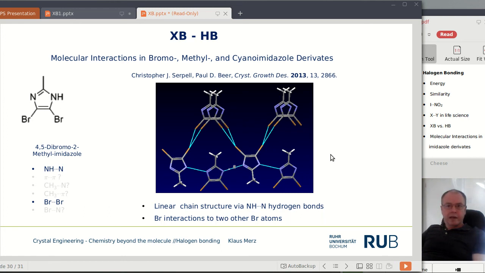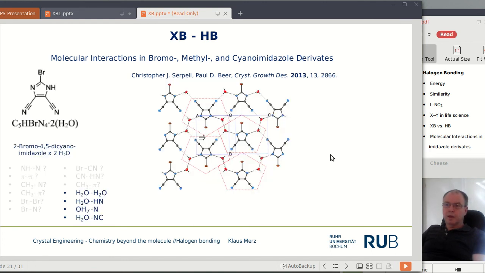What's going on with the last compound, this hydrated compound? This is really amazing. You see here all this gray shadowed interaction does not exist. So we have no interaction between neighboring molecules of this compound.